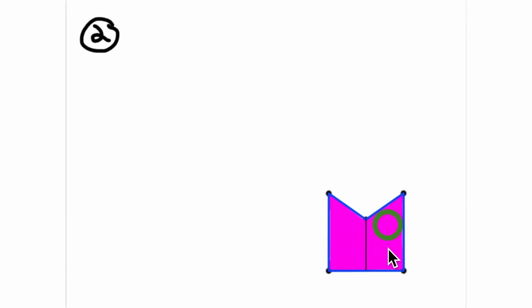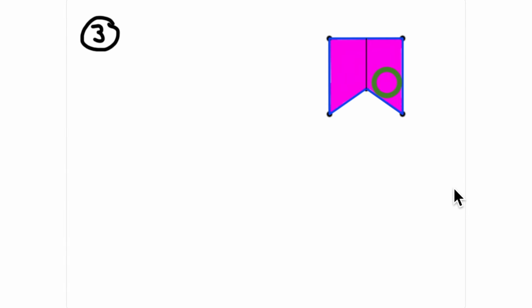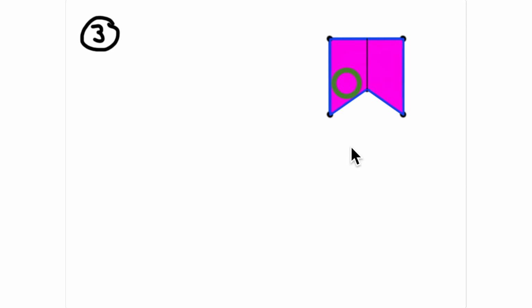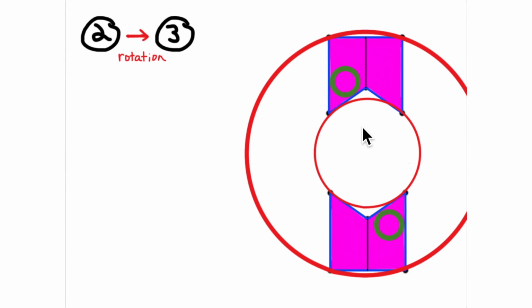So this is a reflection. And this is a rotation. Whoops, reflection, rotation. So see how this circle ends up on the other side because it has rotated around.